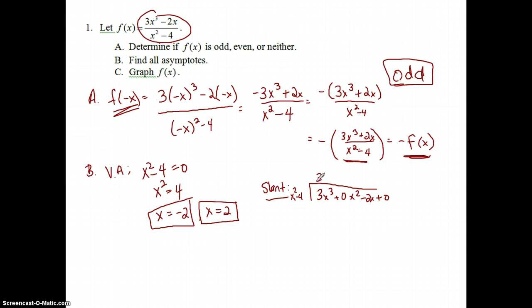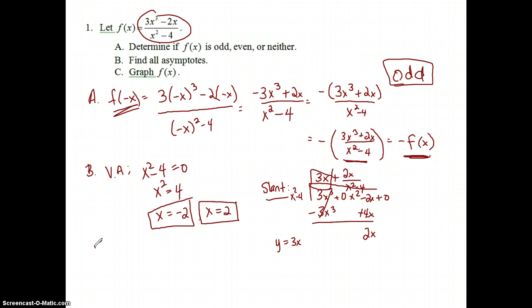We'll need a 3x here, which gives me a 2x remainder, so that's pretty much it. That's our remainder right here, plus 2x over x squared minus 4. And it turns out that the line y equals 3x is our slant asymptote.